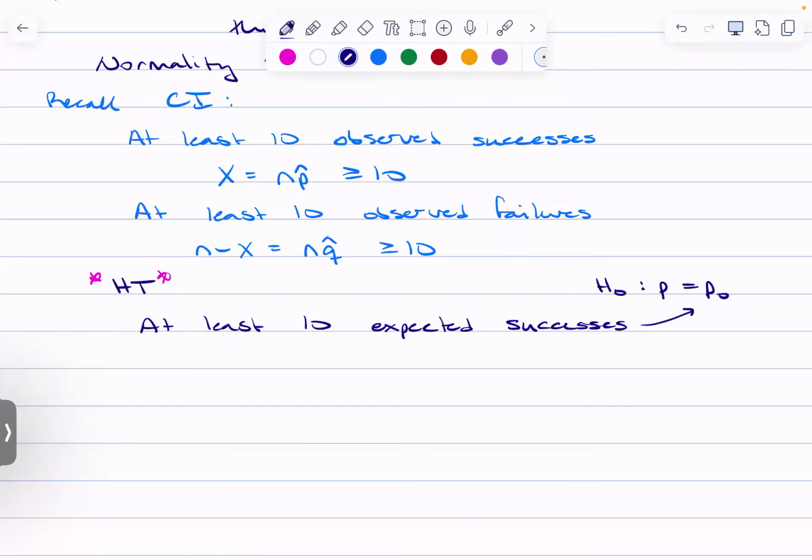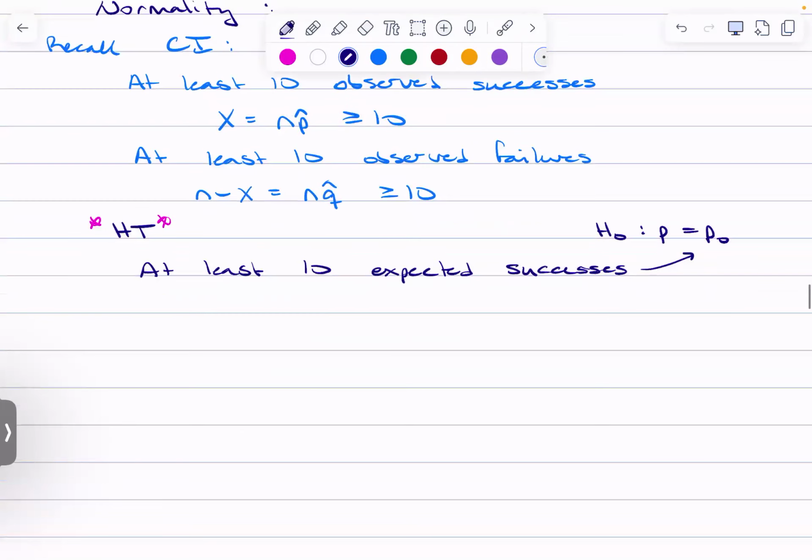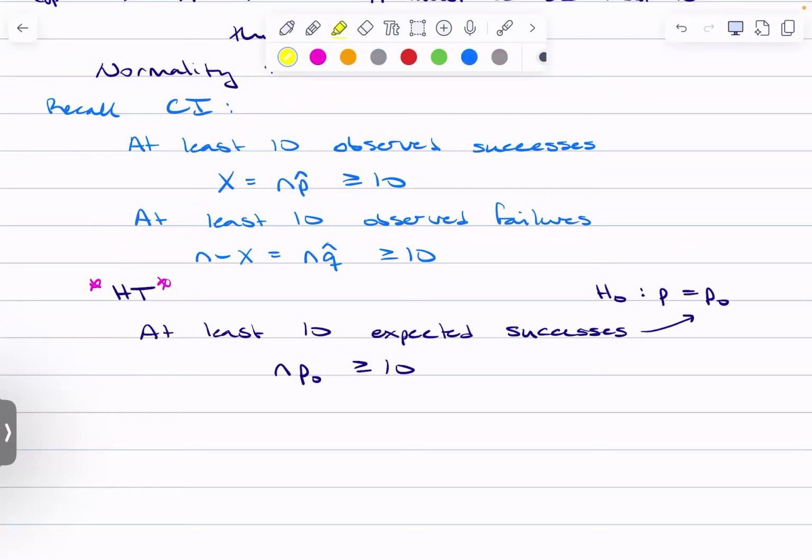And so your expected successes under the null hypothesis would be n times p naught, which has to be greater than or equal to 10. So the expected successes versus the observed successes, and the expectation comes from the null hypothesis.